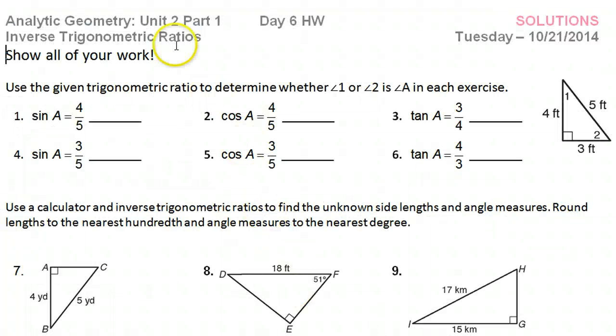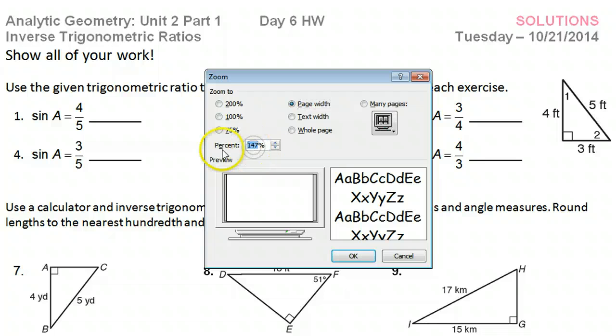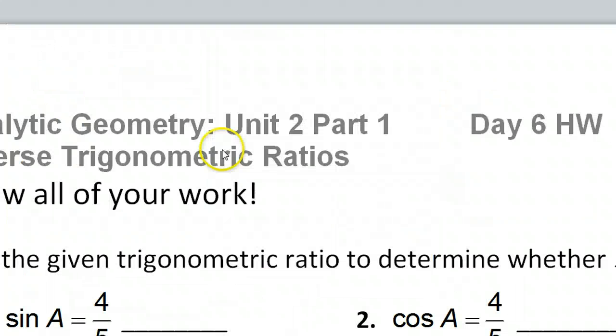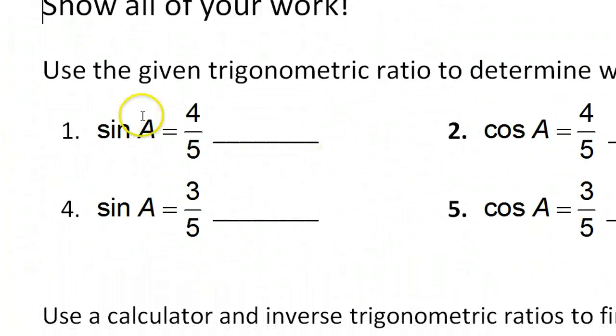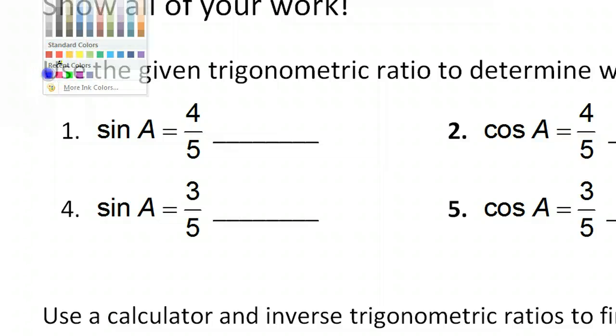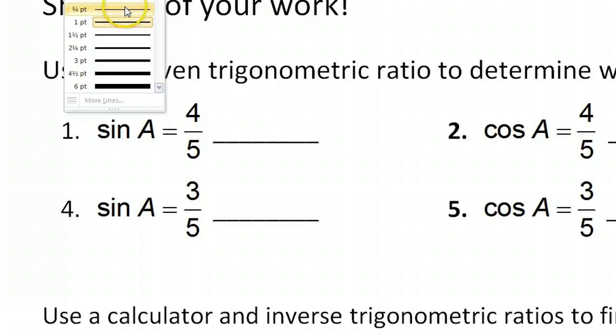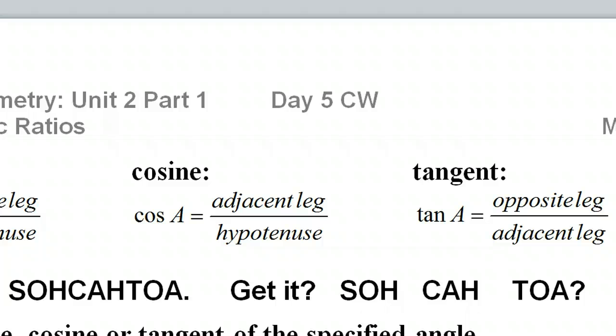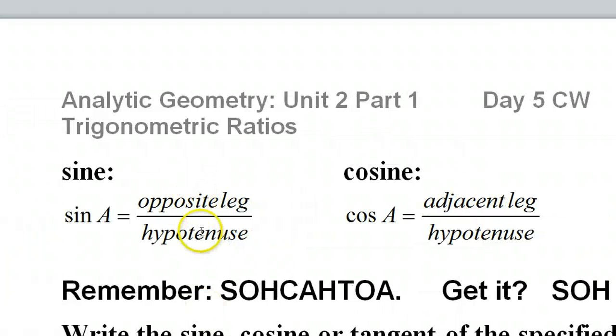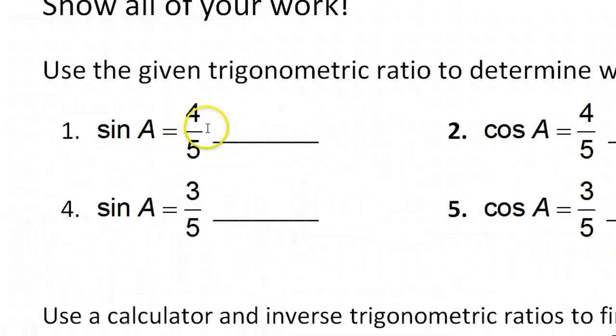So with that in mind, let me zoom in. When I look at problem number 1, as soon as I see the sine function, I'm thinking, okay, the sine function is the opposite leg divided by the hypotenuse.